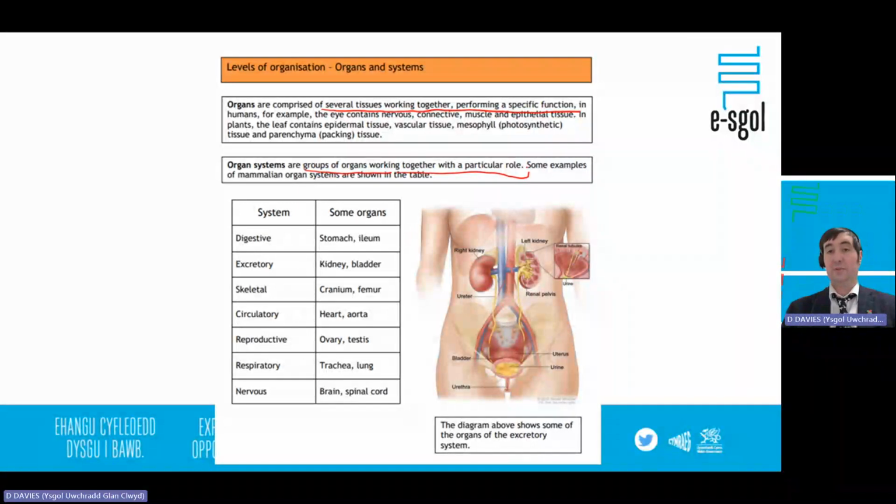Again, lots of different types of organ systems. You have your cardiac system, which is the heart and the blood vessels. You have the nervous system, which is your brain, your spinal cord and your nerves. All of those are systems that work together.